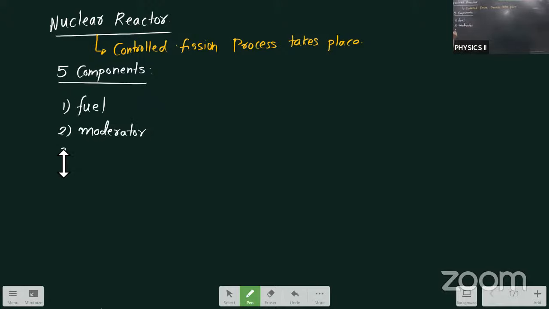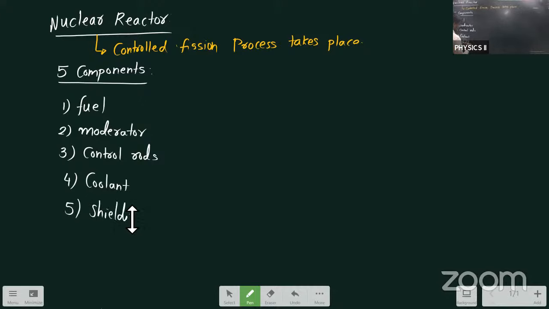What was the third component? Third component was control rods. What was the fourth component? Coolant. And what was the fifth component? Shielding. These were the 5 components that we have discussed yesterday.